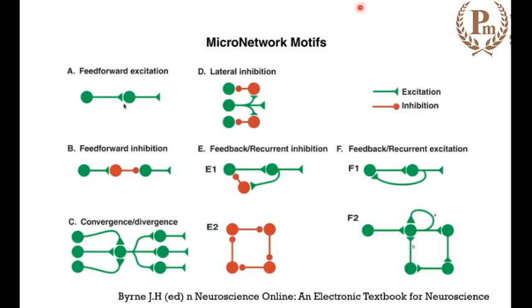Now, look at this. We have learned a lot. What did we see? We have seen feed forward excitation, that pre and post coming directly to each other. Then we learned about lateral inhibition, which was by what? Renshaw cell inhibition. We can modulate this lateral inhibition by increasing the synaptic strength.